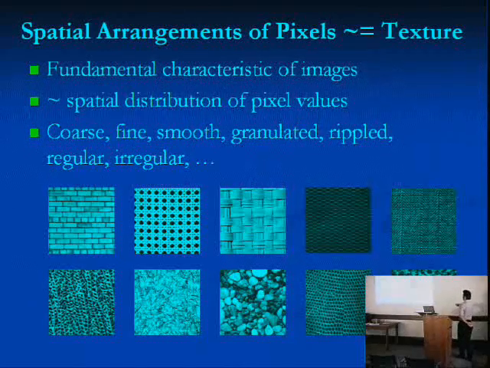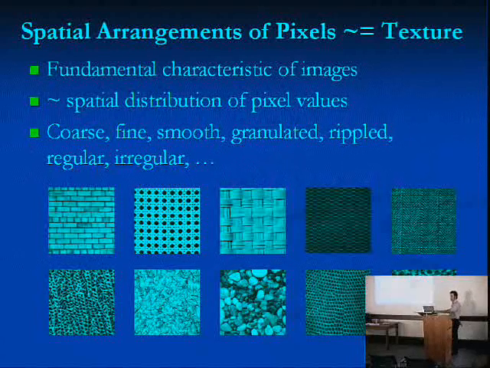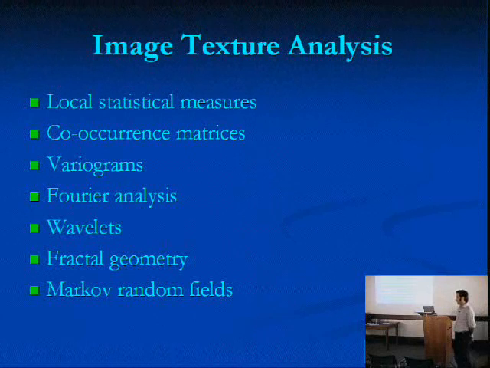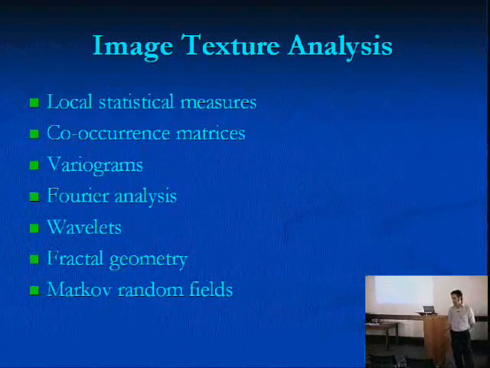But what if we want to come up with a quantitative description of the spatial distribution of pixel values in images, for example, to perform analysis of remote sensed imagery? So how might we go about doing this? There's been a long history of studying texture in images. I'm not going to go into the technical details, but just mention a few of the more popular approaches.